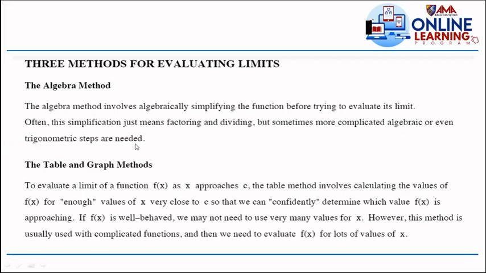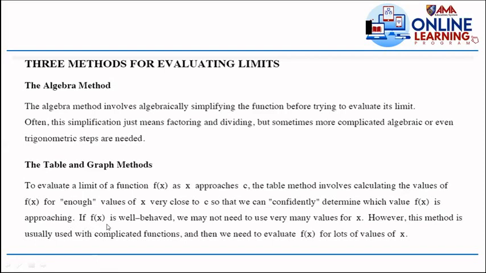Okay? Next, we have the table and graph method. To evaluate a limit of a function of x as x approaches the constant c, the table method involves calculating the values of the function of x for enough values of x very close to c so that we can confidently determine which value the function of x is approaching.